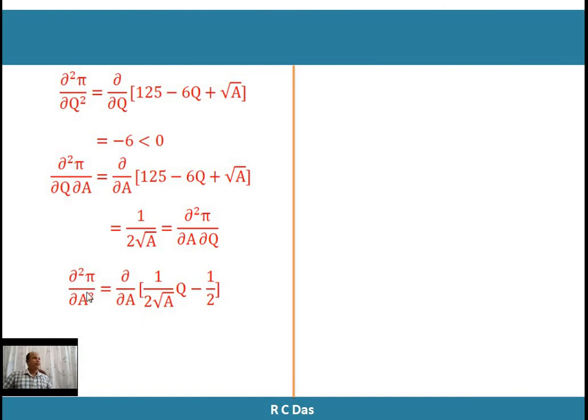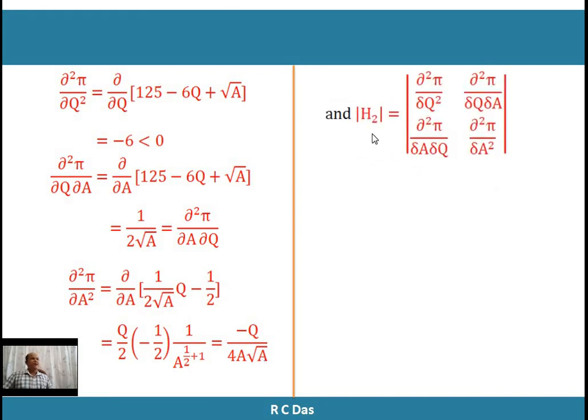Again, del square pi by del a square: del by del a of the already derived function, that is 1 by twice root a into q minus half. The derivative value is 1 by 2 minus half, the power of root a which is in the denominator, multiplied by 1 divided by root a to the power half plus 1. So that is equal to minus q divided by 4a root a.